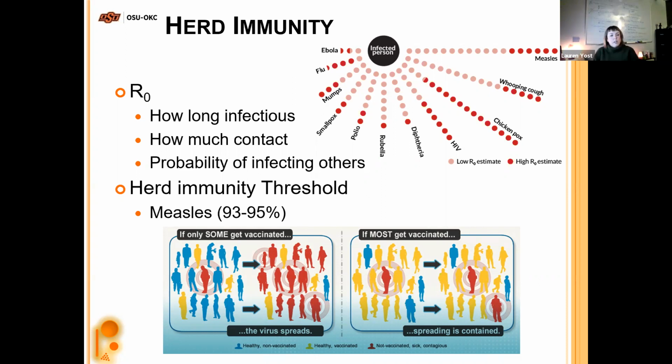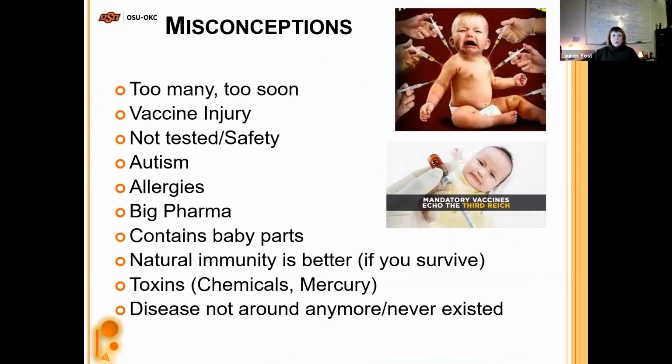And this is just an example that they give. Measles, you need to have 93 to 95% of the population vaccinated in order to prevent the others who can't get vaccinated from getting ill from that disease and preventing spread from it. And eventually, hopefully, lead to elimination.